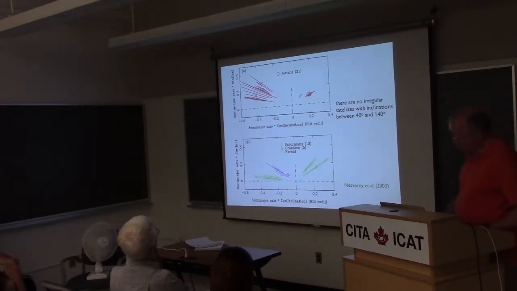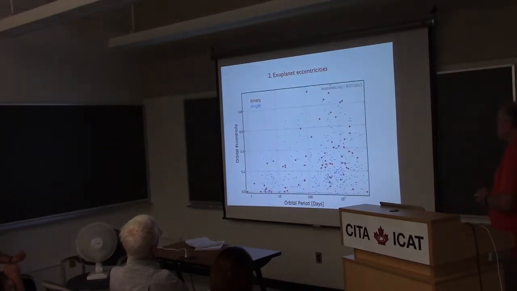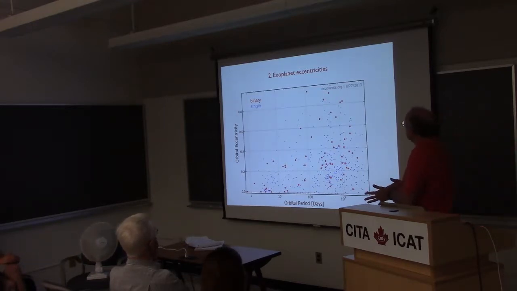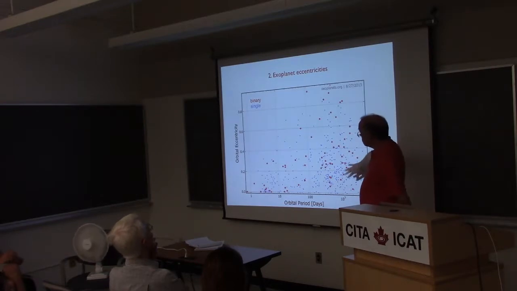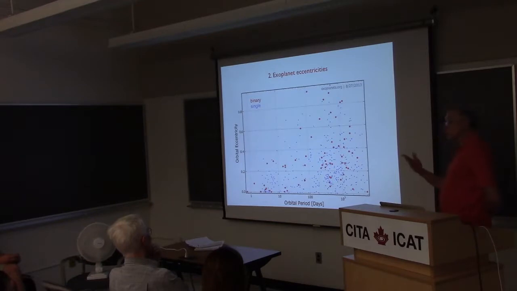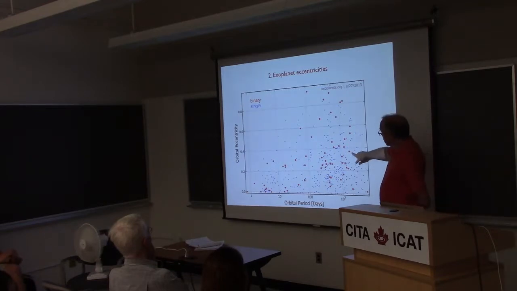Another natural question is whether these have something to do with the eccentricities of exoplanets, which we know are much higher than the solar system. This is a plot of the eccentricities and orbital periods of all the exoplanets. And so a natural theory might be, well, all the high eccentricity ones are in binary stars. These red dots are the exoplanets in binary stars.